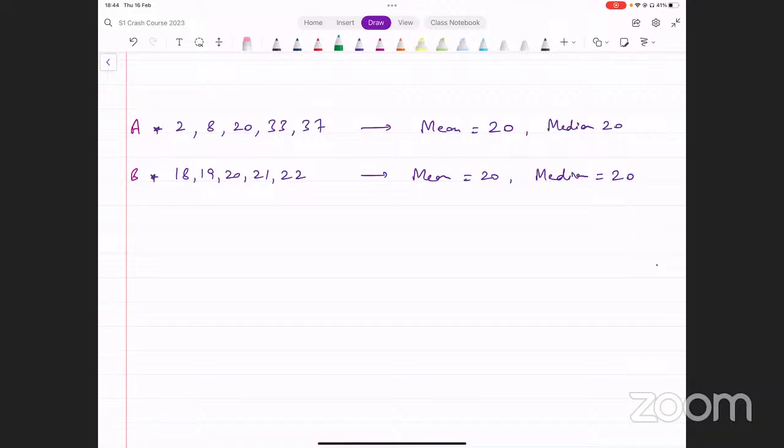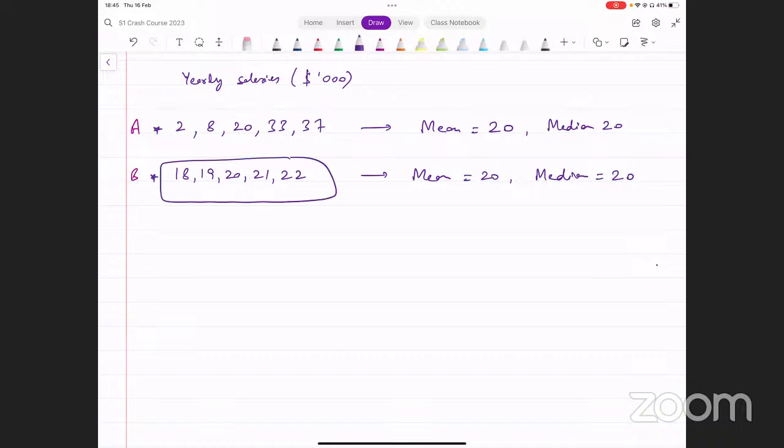Okay, so in any case, let's say that these are yearly salaries for somebody working in Pakistan, yearly salaries in dollars, and we're saying thousands of dollars. So at company A, there's one person who's getting a salary of $2,000 a year, another person who's getting $8,000 a year, another person who's getting $20,000 a year, and so on until you have somebody getting $37,000 a year. At the second company, these are the salaries that they're getting.